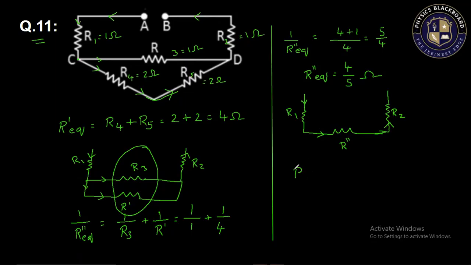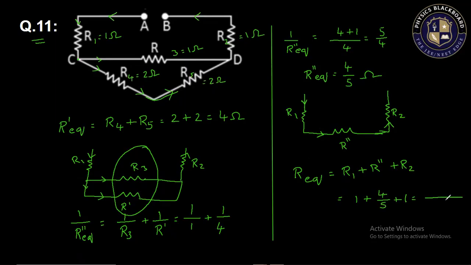So now you can say that R1, R double dash and R2 are in series connection. That is, R equivalent is equal to R1 plus R double dash plus R2. What is R1 here? 1 ohm. R double dash is 4 by 5, plus R2 is 1.